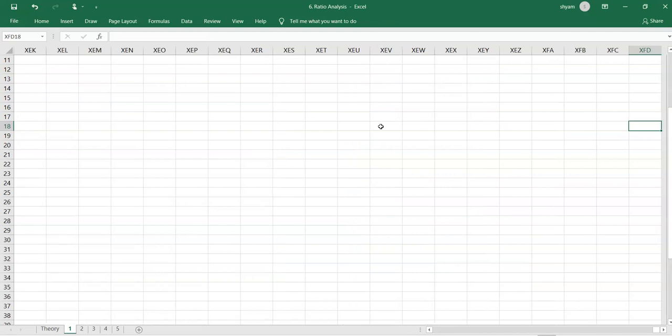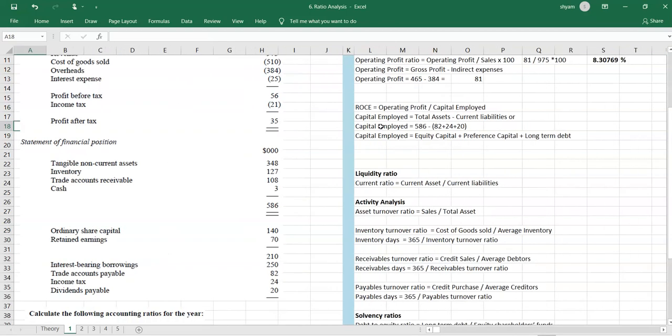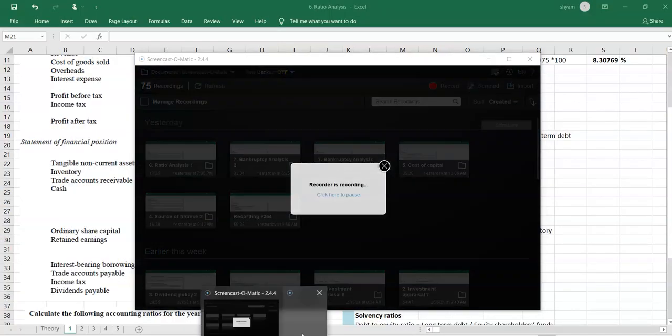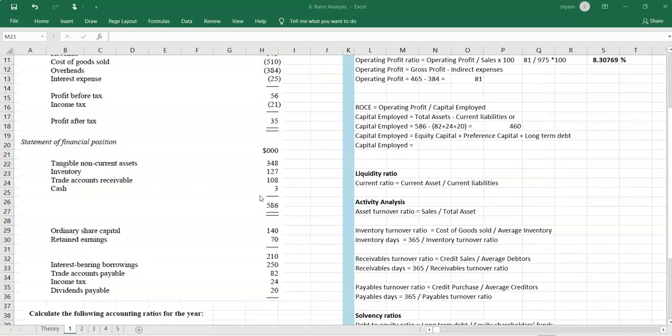So when we solve it, we get 460. So we can also find out it in terms of this formula. So we'll just try to find it out. So the other way to find out is, we'll find it out here.